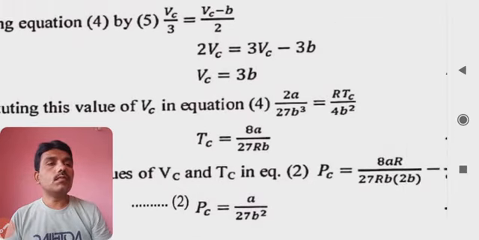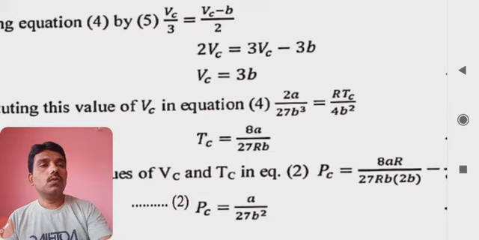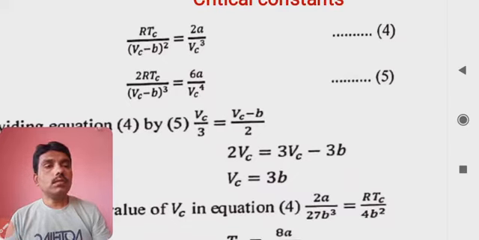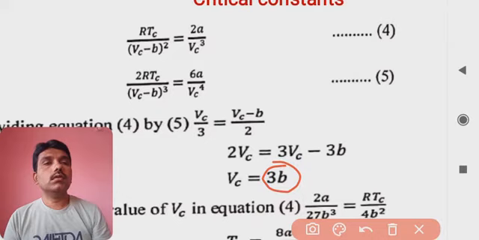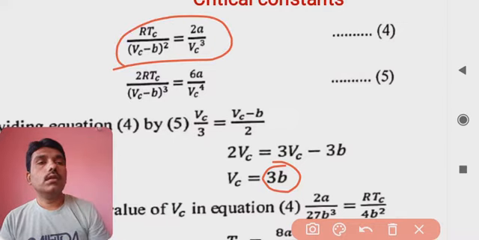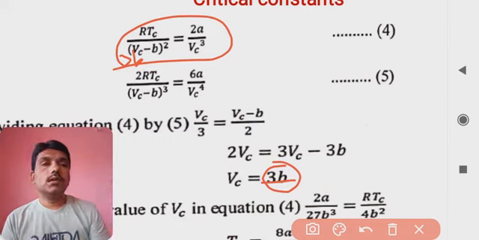Equation number 4 is RTc divided by (Vc minus b) whole square is equal to 2a by Vc cube. Now in this, RTc as it is, (Vc minus b): the value of Vc is 3b, so 3b minus b is 2b, and its square is 4b square.